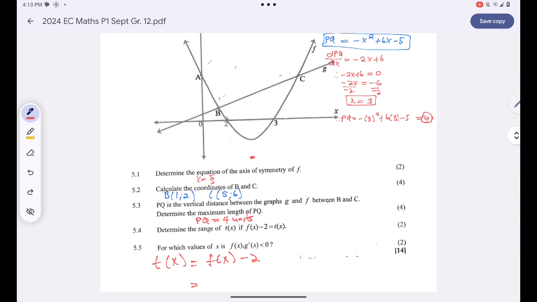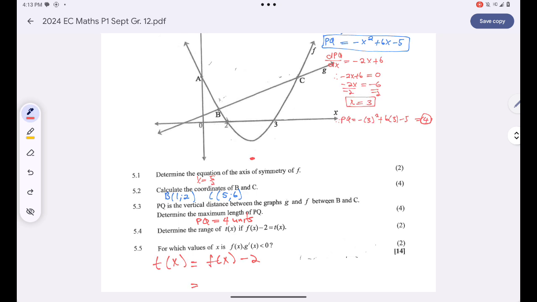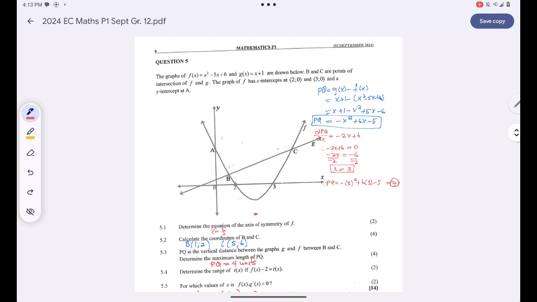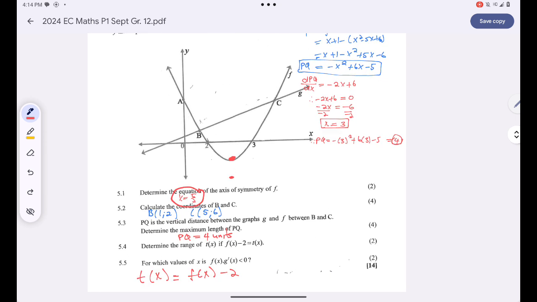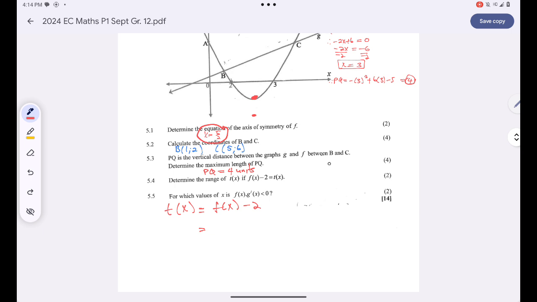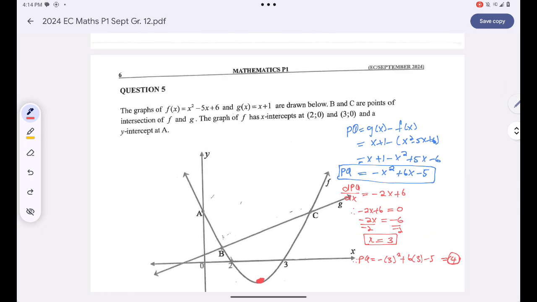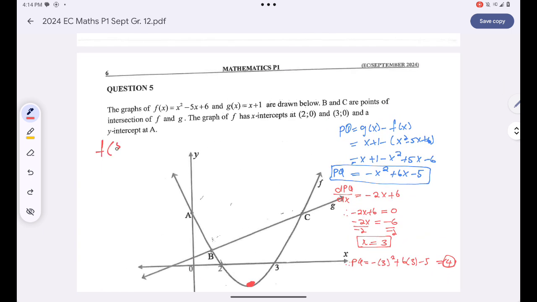So how can I find the minimum value there? Remember that, guys, we did find the equation of the axis of symmetry. Are you together? So now I want to find the value of y over there when x is equal to 5 over 2. How can I do that? Let's just substitute over there. f of 5 over 2 is equal to 5 over 2 squared minus 5 times 5 over 2 plus 6.